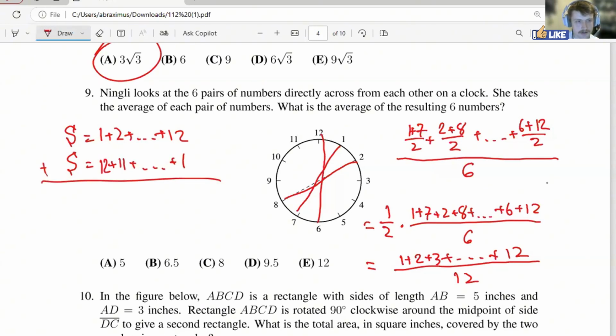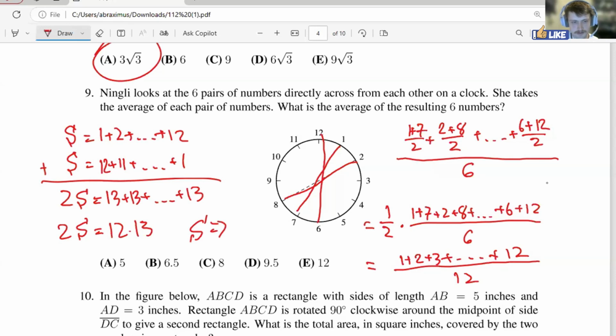Add these up. 2s is equal to 13 plus 13 plus 13, or 2s is equal to 12 times 13. So then s would be 12 times 13 over 2, which is 6 times 13, which is 78.